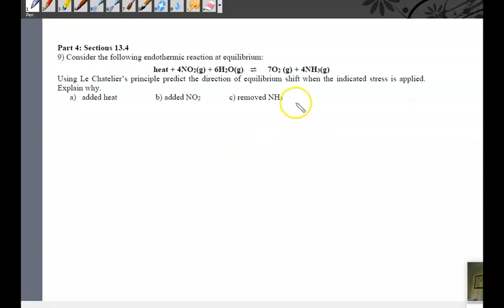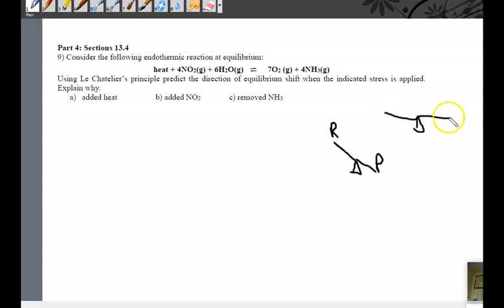Okay, so remember this is like the seesaw approach. If any side increases, you want to remove that excess that has increased. So if we have a seesaw, here's the fulcrum, and let's say you increase the concentration of the reactants. Here is the reactant side, the left side of the equation. Here's the product side. You always want to get it balanced at the end, equilibrium.